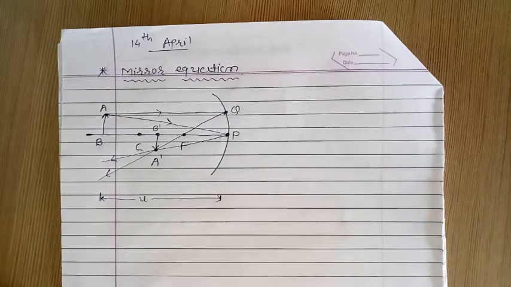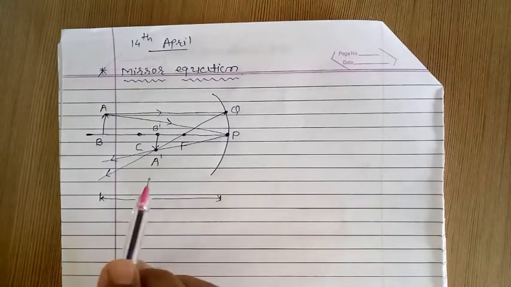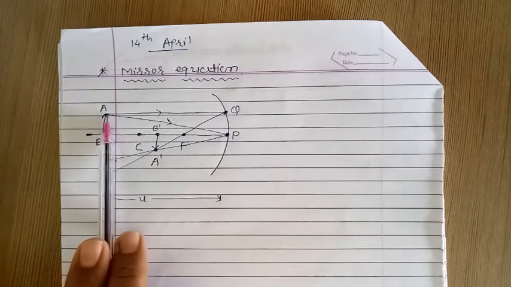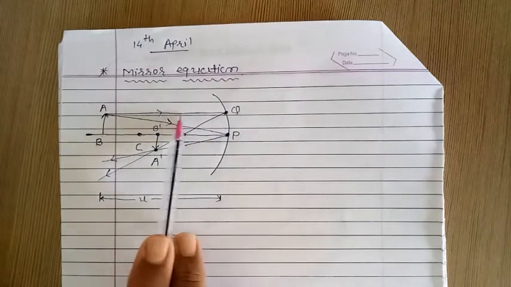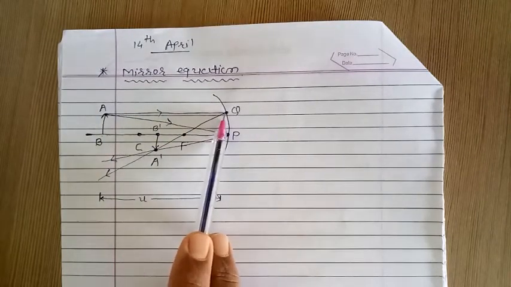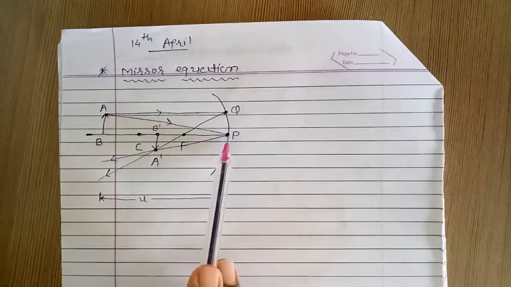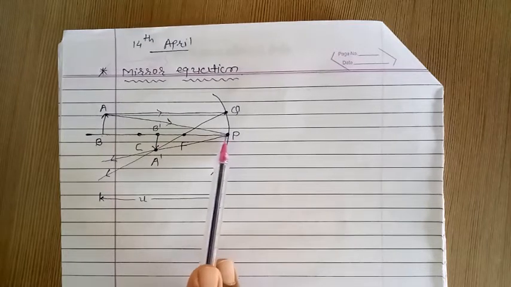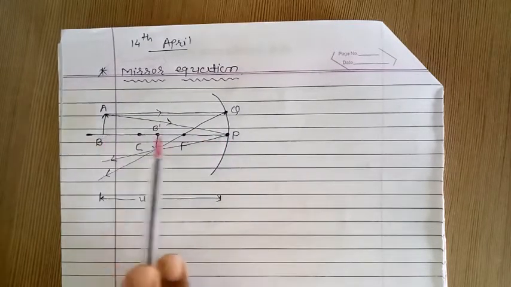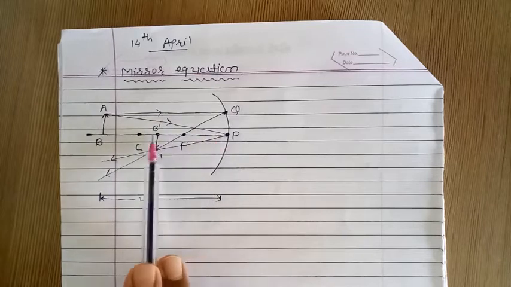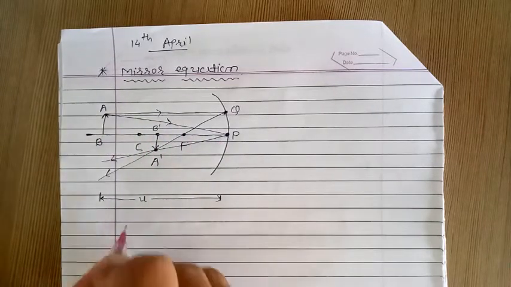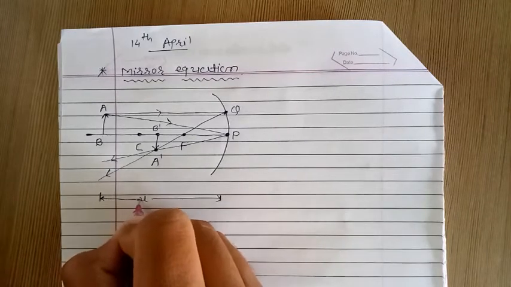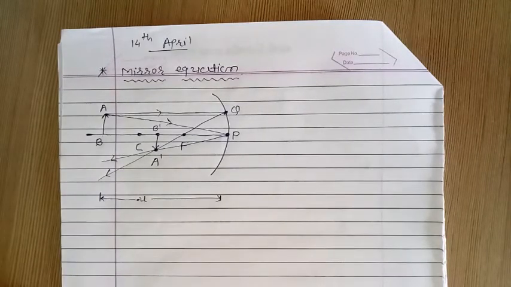But here, as per the rule, distances measured in the direction of the incident ray are taken positive, but here we measure the distance from pole to the object, so we are going to the opposite side of the incident ray, so we have to denote this by minus u, right?